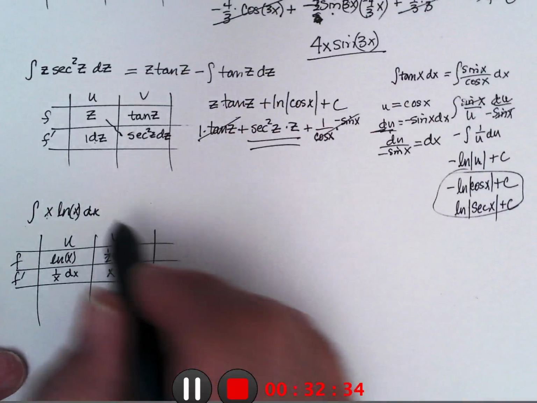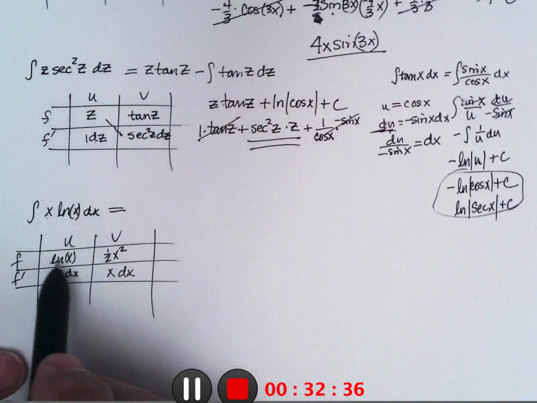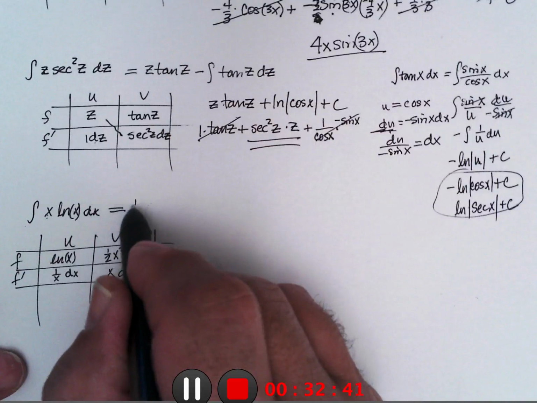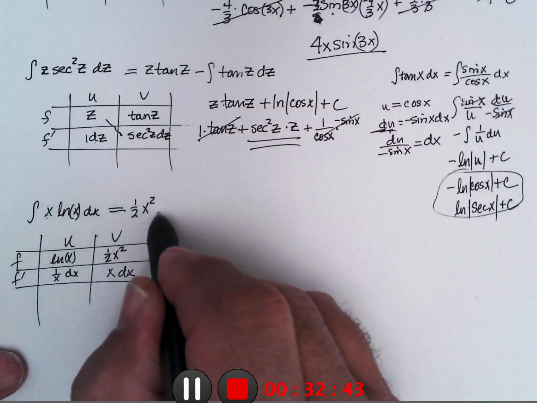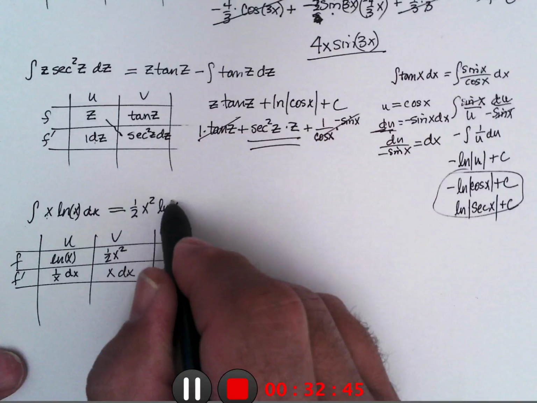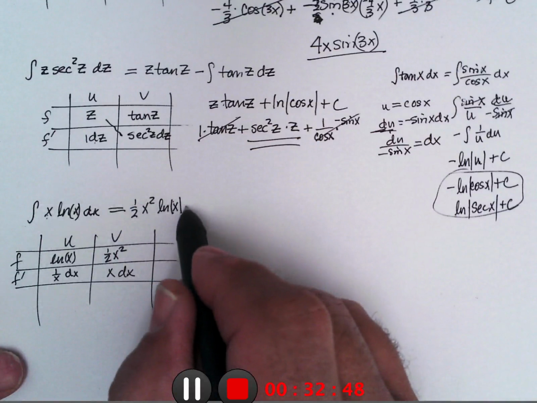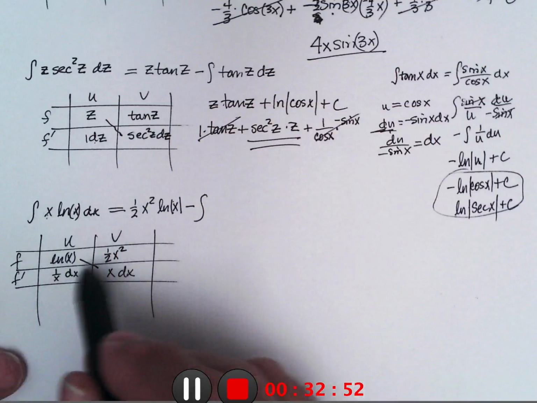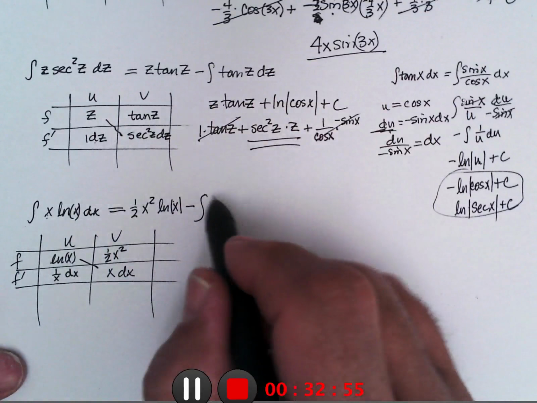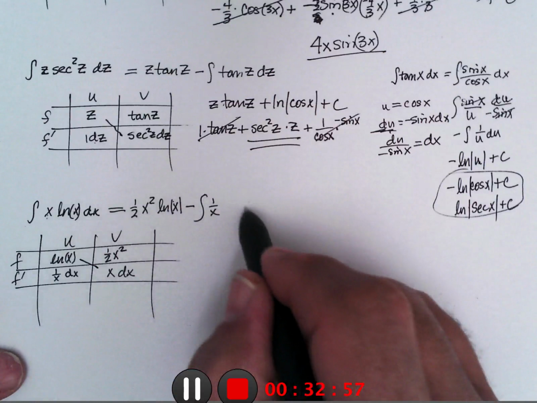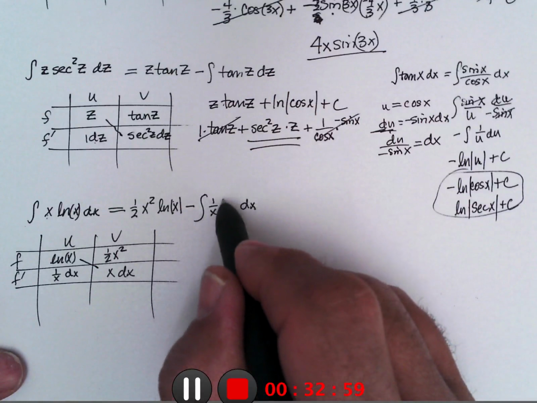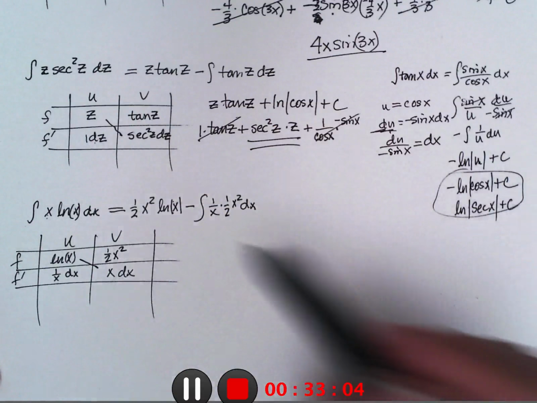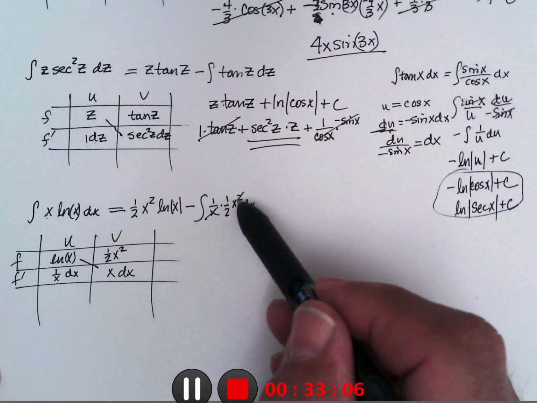So once again, we do u v straight across. So that's 1/2 x squared ln x. Minus the integral. We use these two off here, so we're going to use the other two. So it'll be 1 over x dx times 1/2 x squared. And this x cancels one of the x's, and the half comes out.